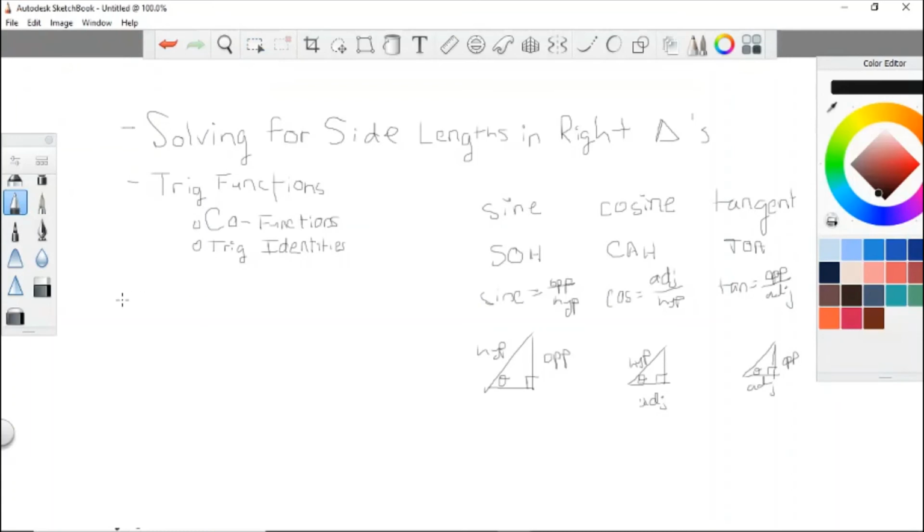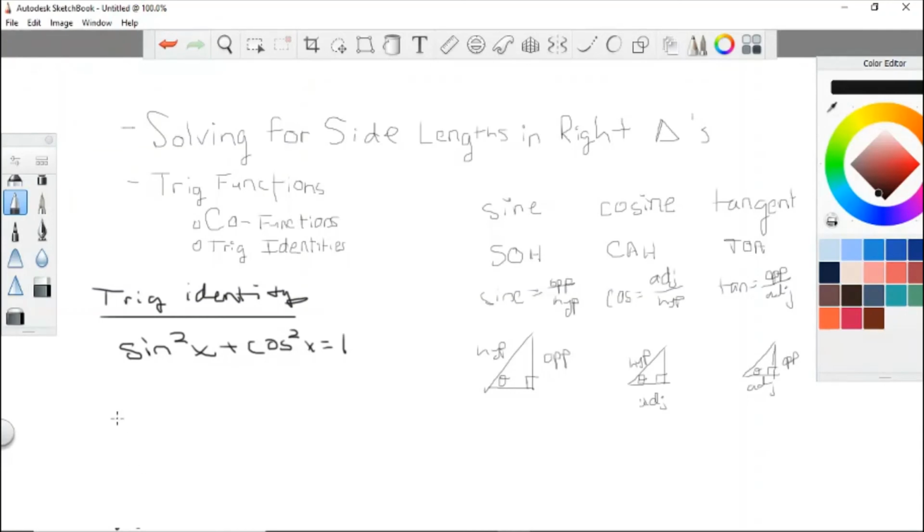So I want to go over another trig identity, and that is sine squared x plus cosine squared x equals 1.